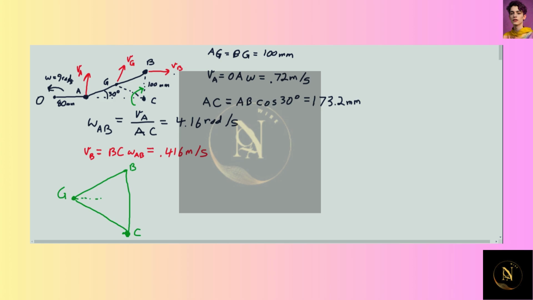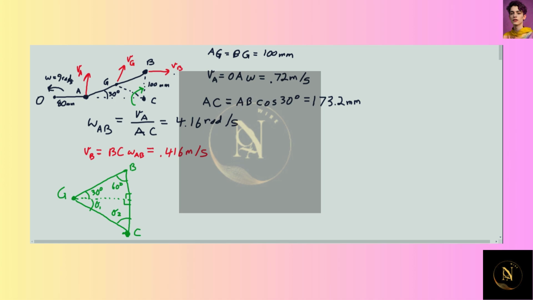But we can add a horizontal line in here to make our work a little bit simpler. So we have a right angle there, right angle there. We know this angle is 60 degrees, and then this angle has to be 30 degrees. But we don't know these other two angles yet, so I'm going to call them theta 1 and theta 2. And we can find these by looking at the law of sines.